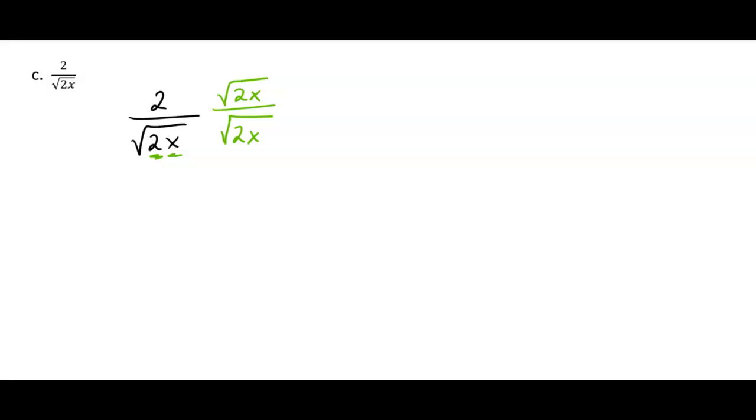Now, sometimes students at this point say, oh, you just multiply by whatever the radical is in the denominator. Sometimes we do that, but sometimes that is not the most efficient way to do the problem, okay? So we'll see that in some more examples coming up. In the numerator here, I have this 2, and I have the radical 2x.